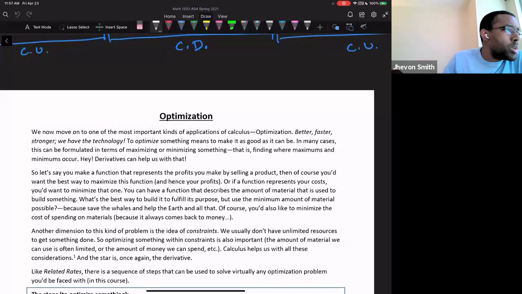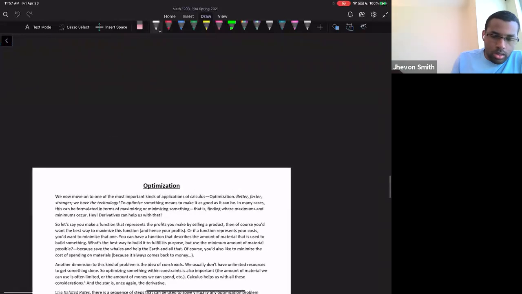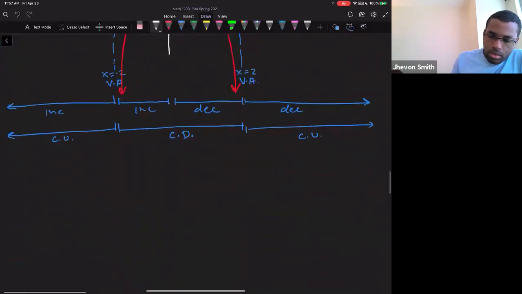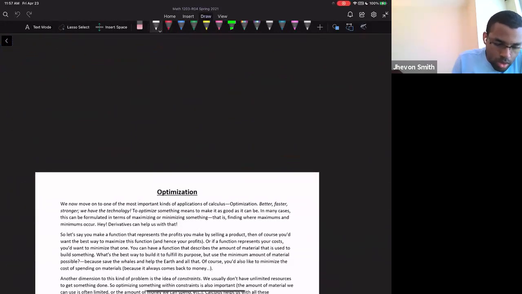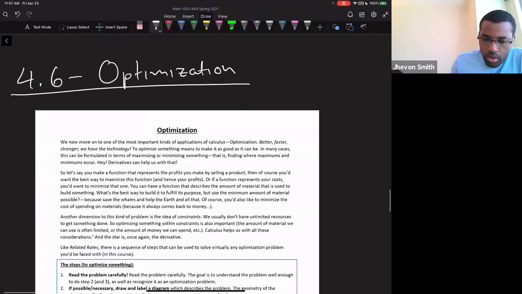And this, I believe, I want to say it's section 4.6, optimization. As always, handouts can be found on the class webpage.